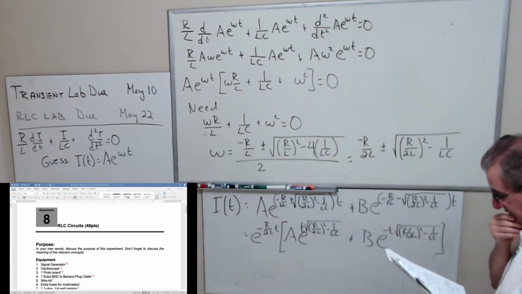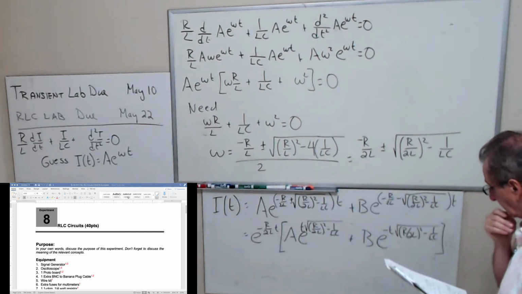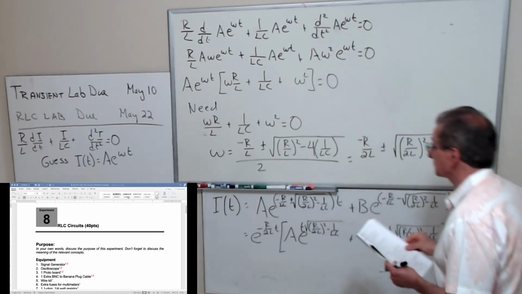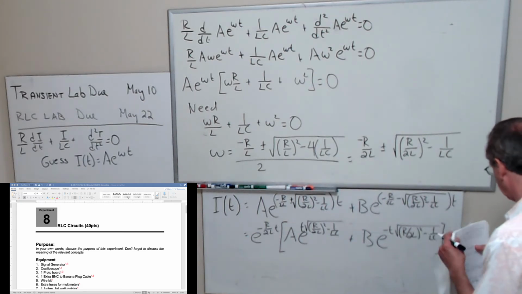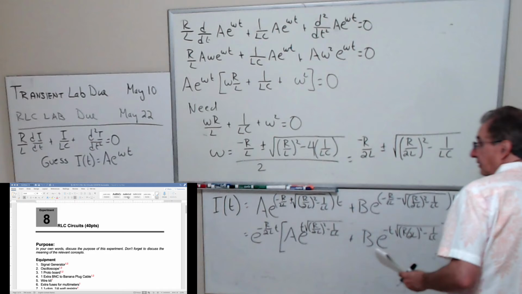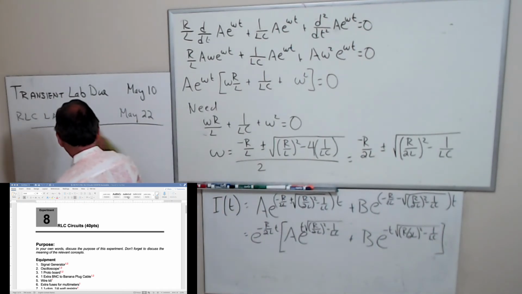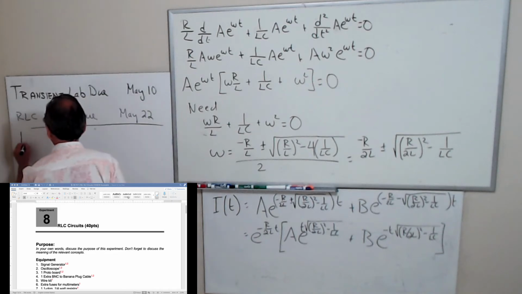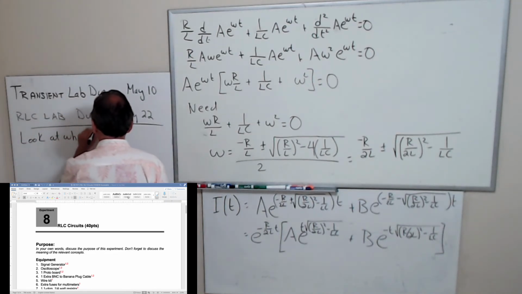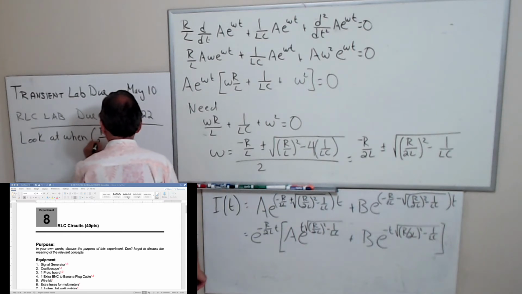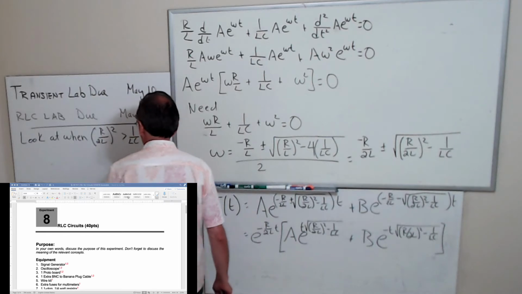So let's look at the case where this is bigger than this. So you see there's a lot of writing on the board today. Let's look at the case. What does that mean?